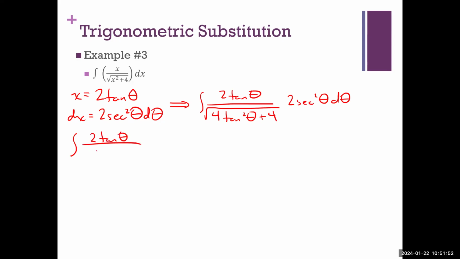Now 2 tangent theta over 2 times the radical of tangent squared theta plus 1. So factor that a little differently than last time, but it works. Times 2 secant squared theta d theta. Good. What else?